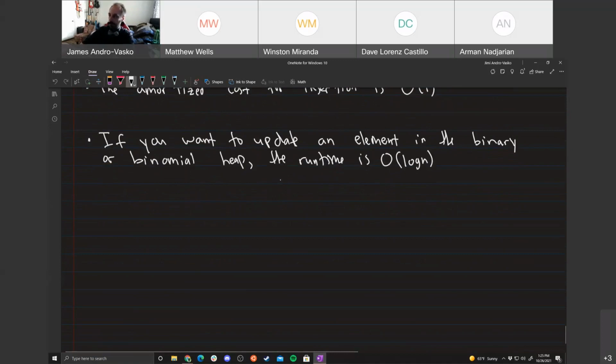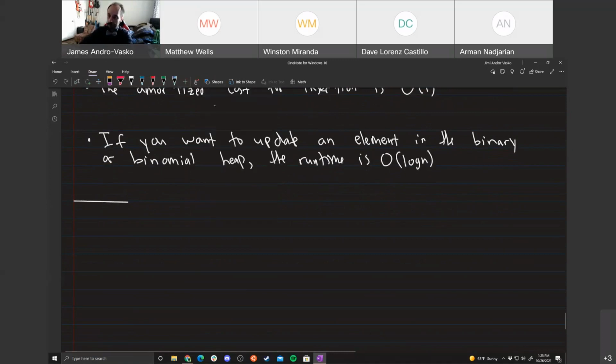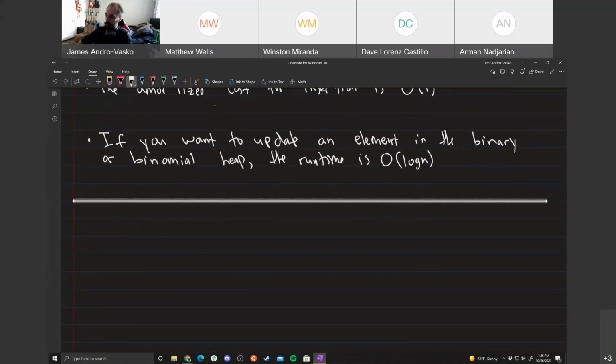So I'm going to now, I guess I'll draw a line over here. So go over deletions, next thing. So basically, for any kind of priority queue structure, we want to always know how to insert and delete. That's the two main operations for any priority queue structure.